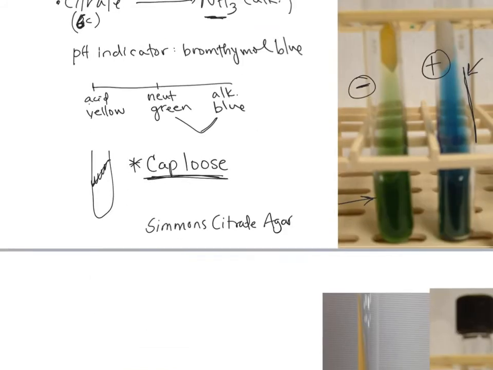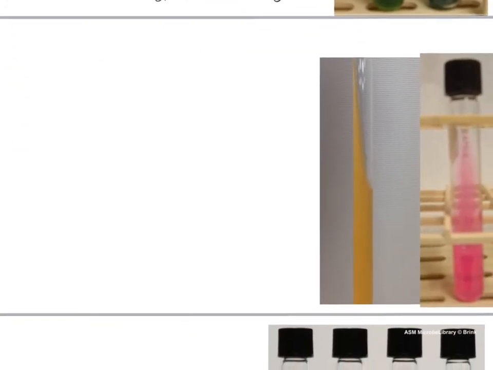Okay, so lastly, let's talk about the urea test. This is a test that's not part of the IMViC series, but it is, again, helpful to differentiate between gram-negative rods. Organisms that can produce urease are able to neutralize acid in the stomach.